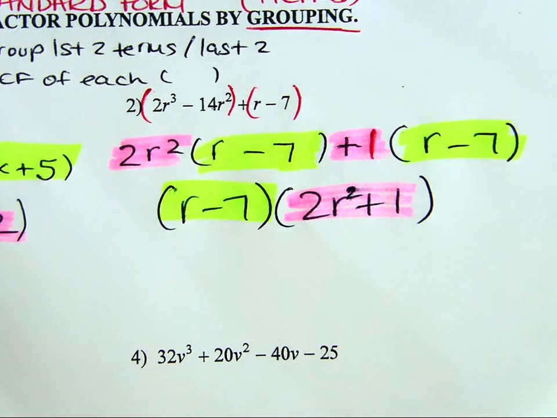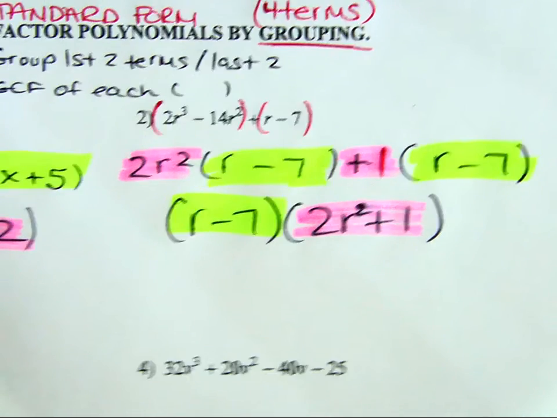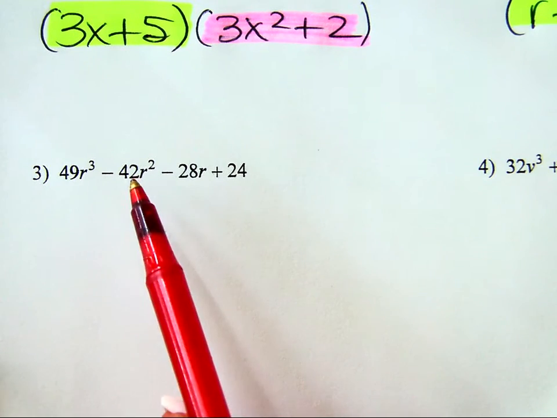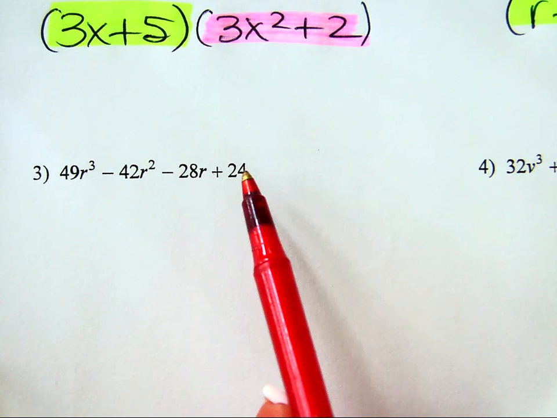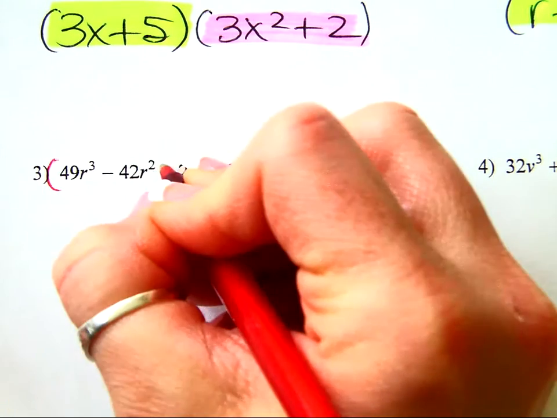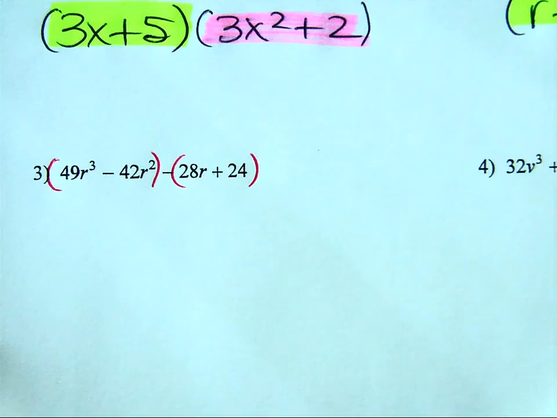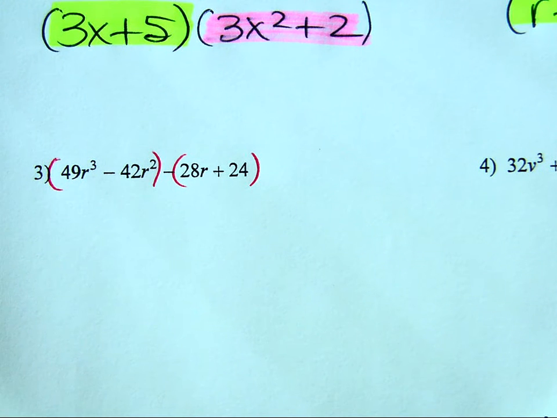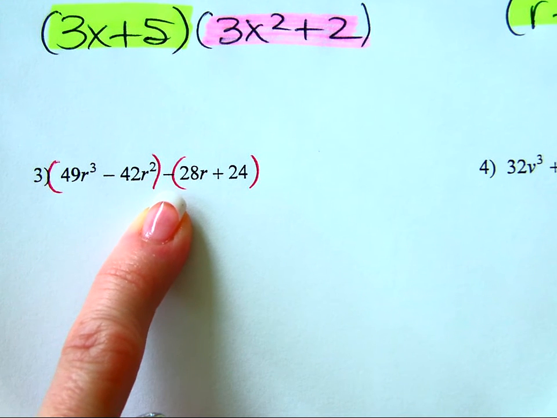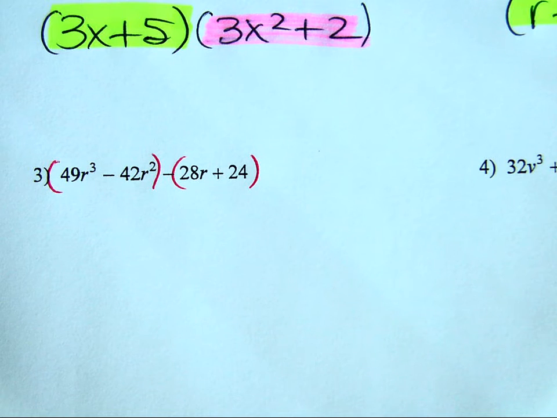So then when we get to number 3, watch what happens when we pair these off. Do you see a GCF? 7, 7, 7. No. So is there a GCF in here? No. You always got to check for that first. So what do you notice is different about this set? There's a minus instead of a plus, which tweaks it one little bit. So let's go ahead and pull the GCF of our first set of parentheses out.